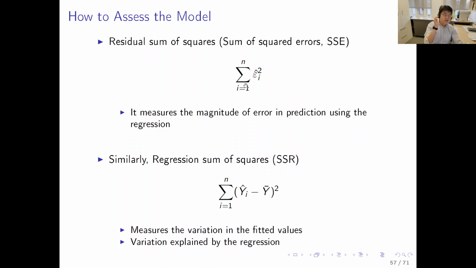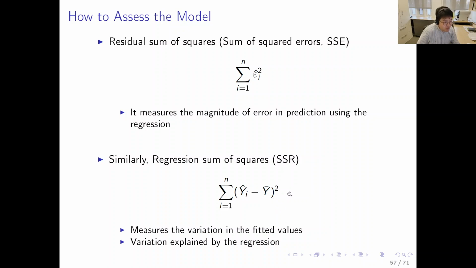Then, using a similar idea, we can measure the amount of explained part. How much you could explain can be written in this way, right? So this is the measure of unexplained, but this is the measure of explained portion, right? y hat is your predicted outcome. You predict the outcome by y hat, and you subtract its mean, take the square, and sum, right?